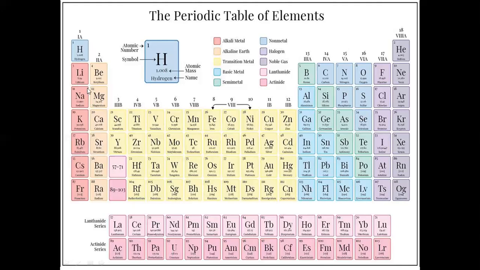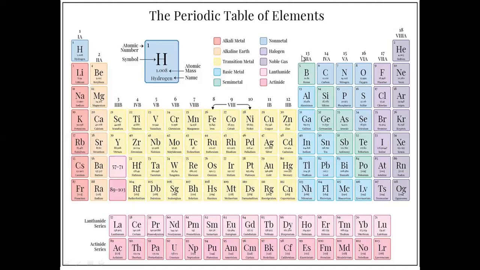So as we go down, what is happening? The number of shells is increasing by 1, right? As we go down the group, the number of shells increases because the period number is changing. As we move from left to right, the number of shells remains the same, but the number of valence electrons increases each time by 1.